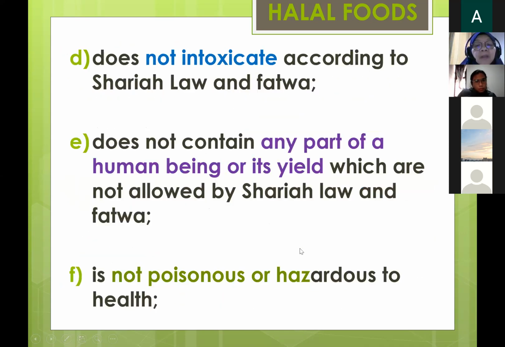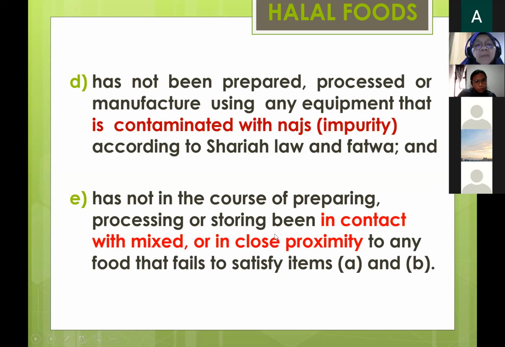Najs, for example. Najs cannot be mixed with a prohibited animal during preparation, processing, or storage. So you can see D and E regarding the processing, preparation, and manufacturing of the product, to come out with halal food products.